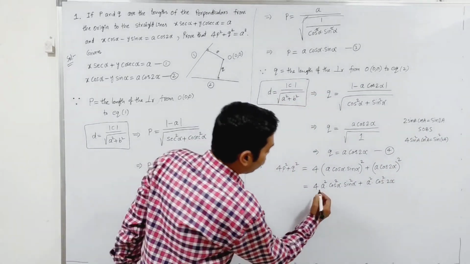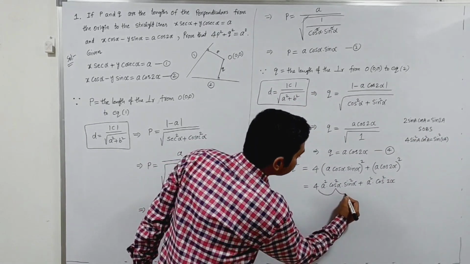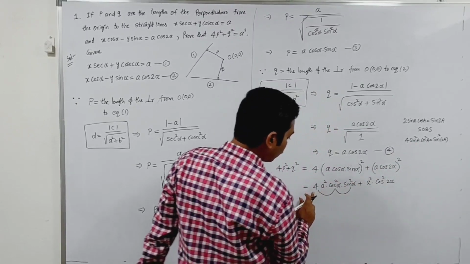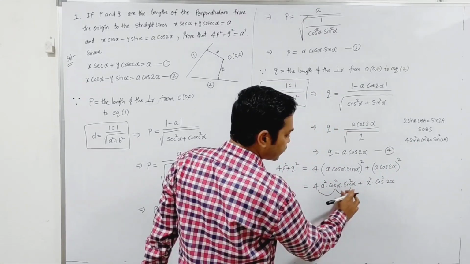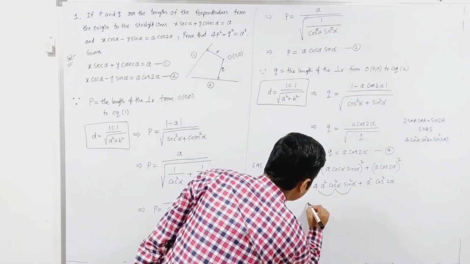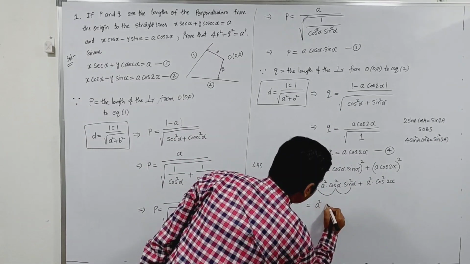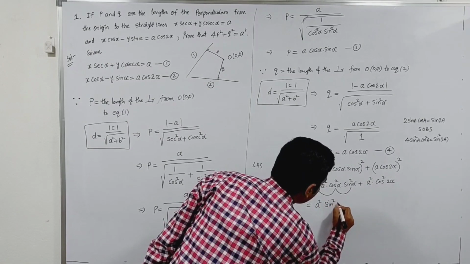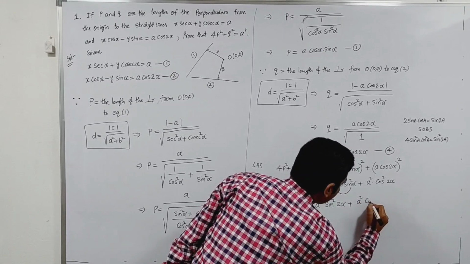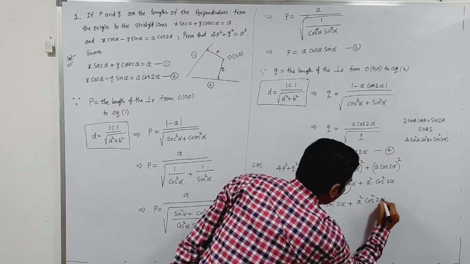Here also, 4 cos square alpha into sin square alpha is equal to how much? Sin square 2 alpha. So here we get a square into sin square 2 alpha. Here the remaining term is a square into cos square 2 alpha.